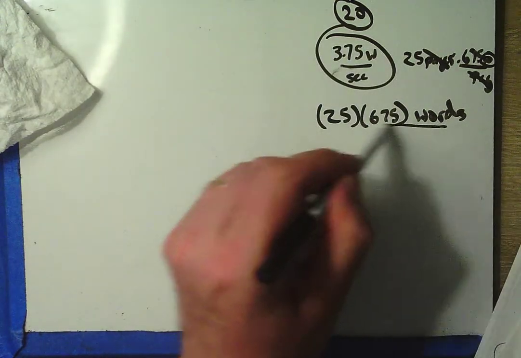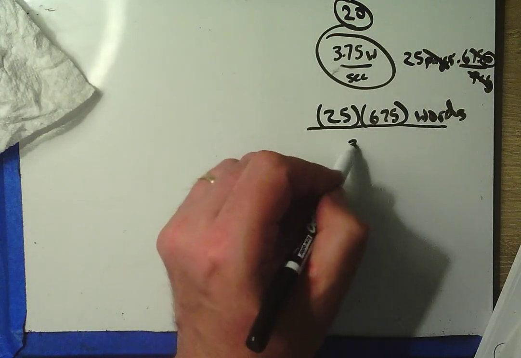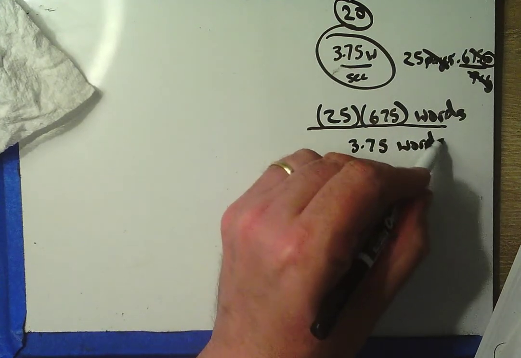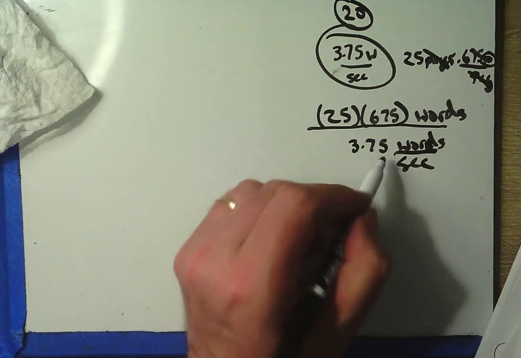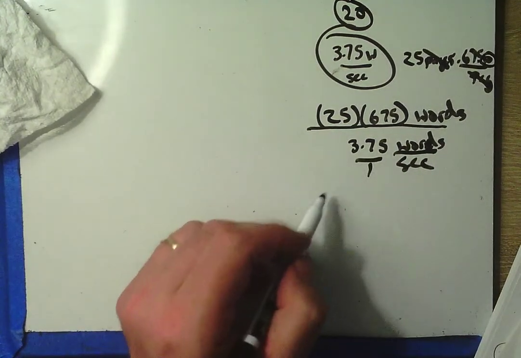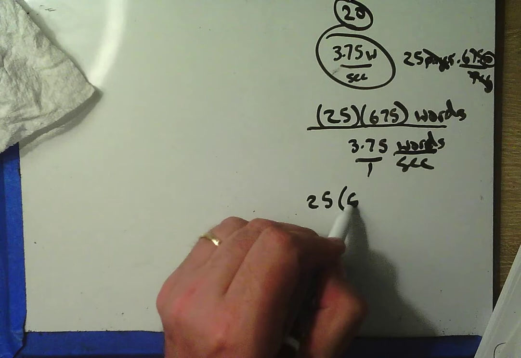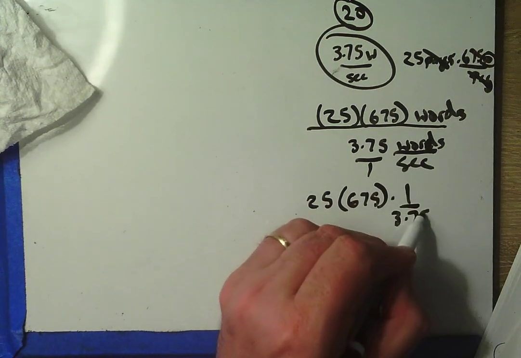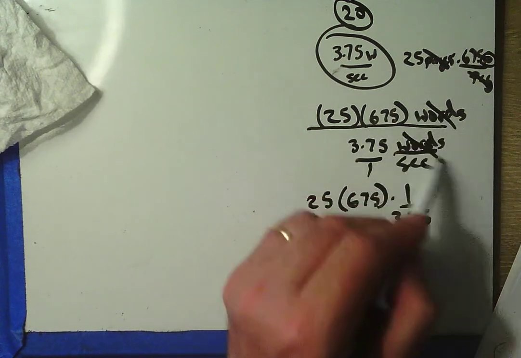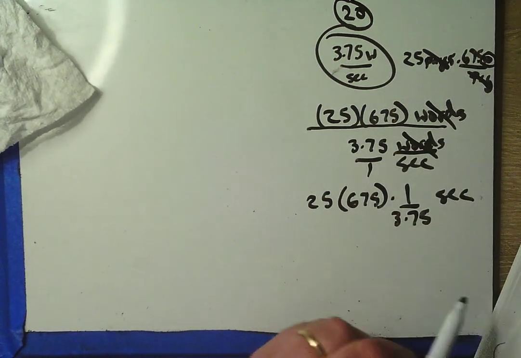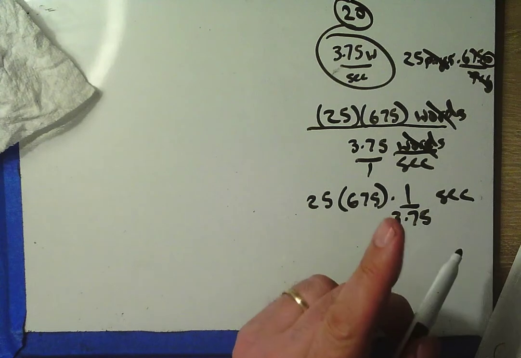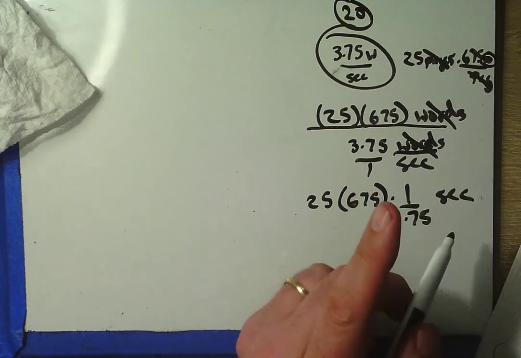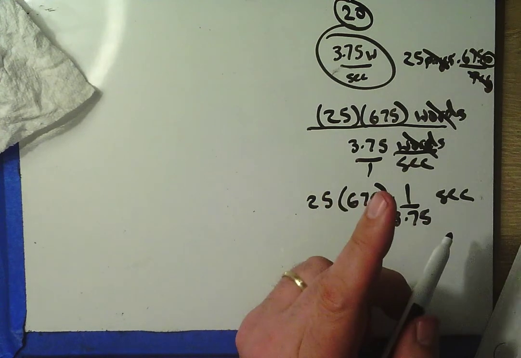So if I take the total number of words and divide by that rate, words per second, I'm going to end up with 25 times 675 times 1 over 3.75, and notice the words will cancel and I'll be left with seconds. But we don't want seconds here, we want minutes and hours.